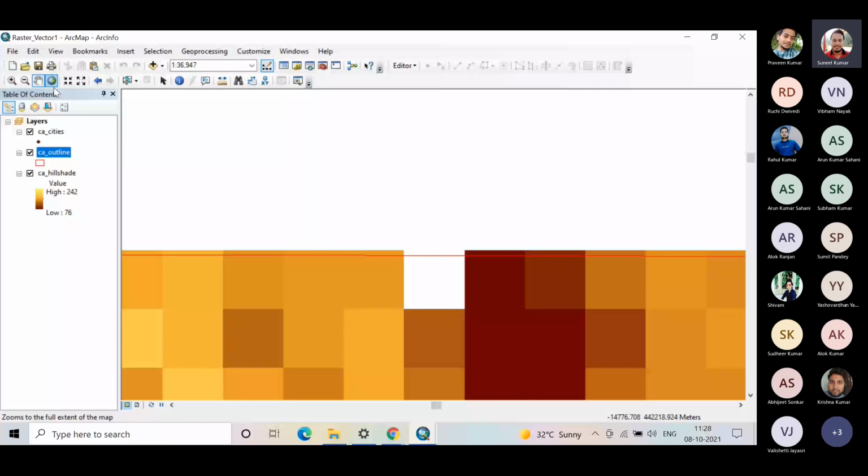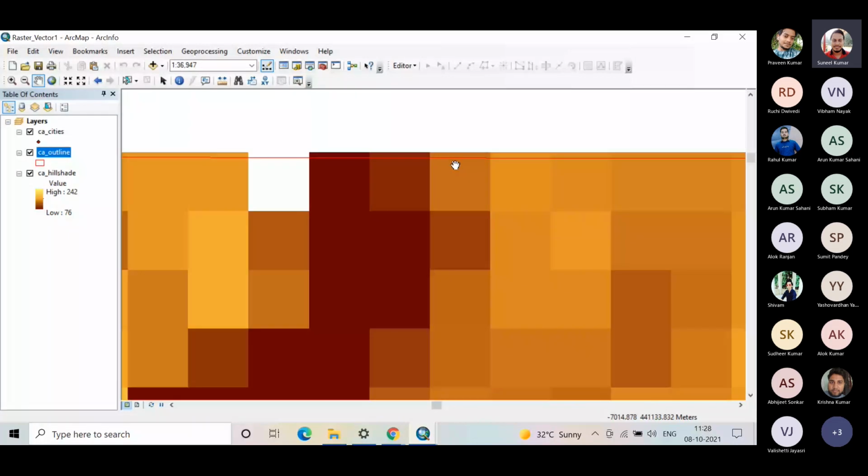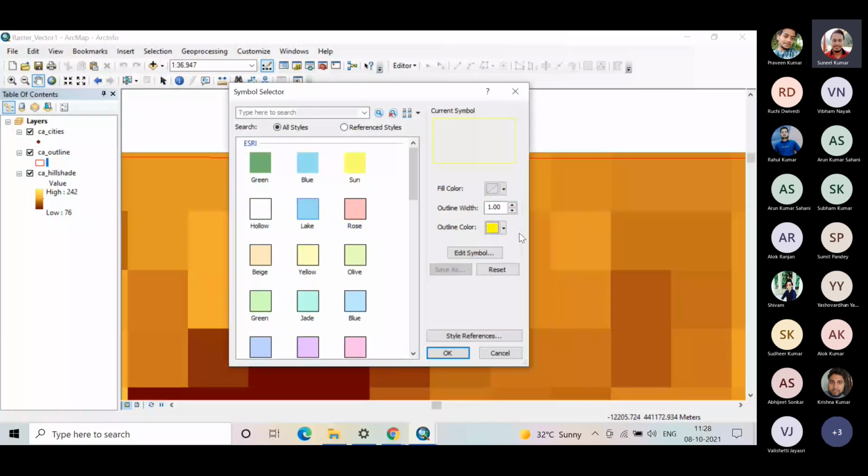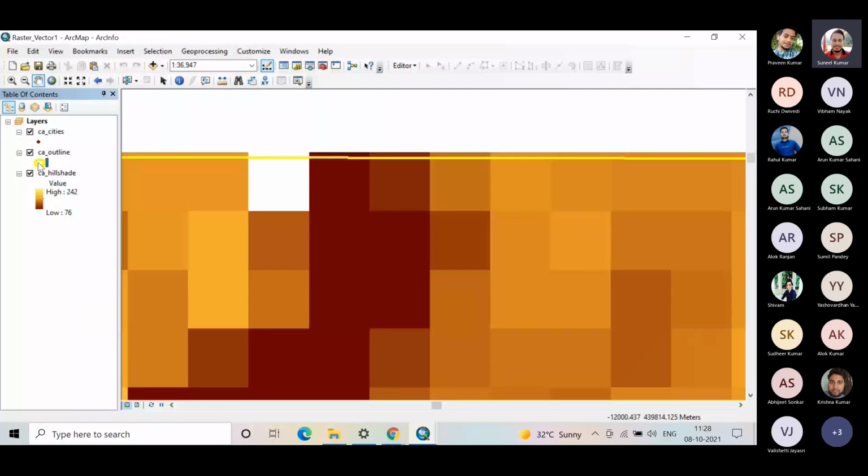As you can see on the screen, the thing that I was just telling you, that when you have a vector data, okay, I will change the color. You can see on the screen that there is one yellow color line. This yellow color line is vector data.